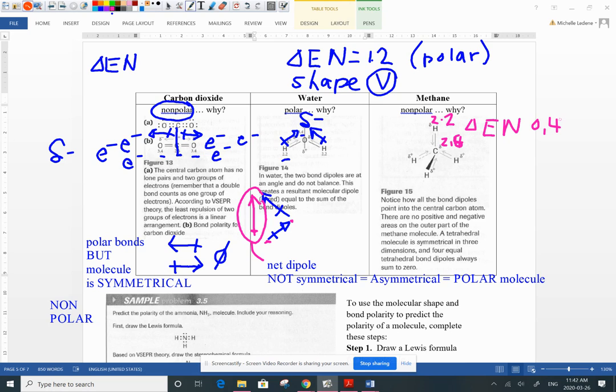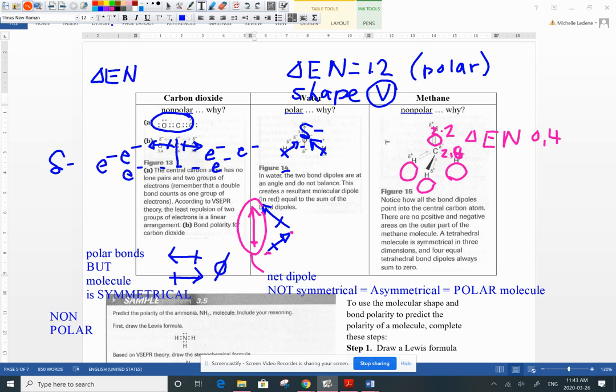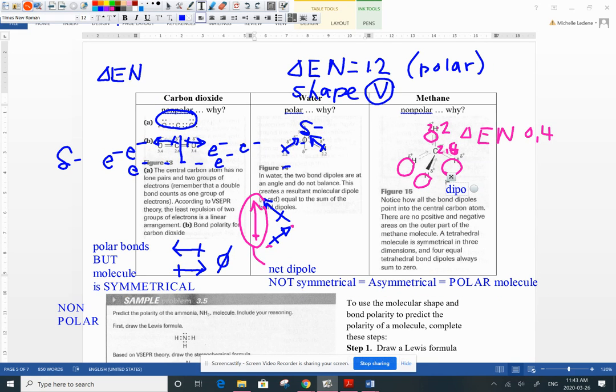We also see that this molecule is considered to be symmetrical. Here's the carbon in the center, and all the atoms around it are identical in this tetrahedral appearance. With identical atoms all around it, the dipoles cancel each other out. You could draw out those dipoles and show that they cancel out, and that makes this a symmetrical molecule.